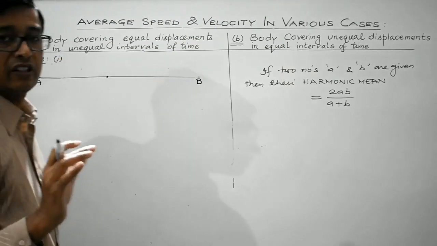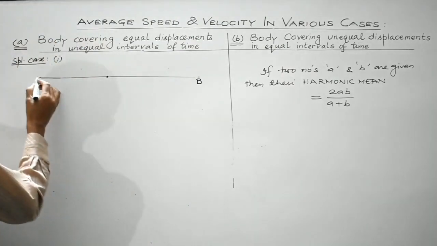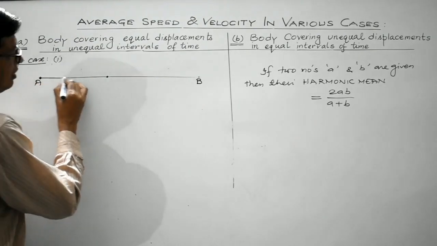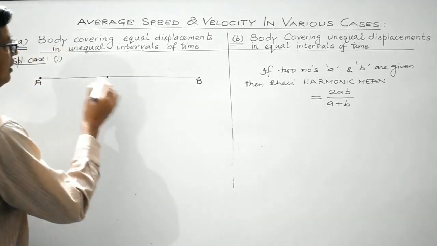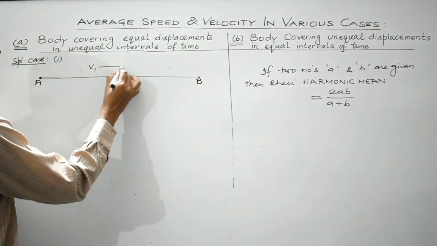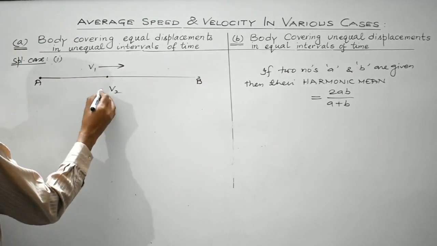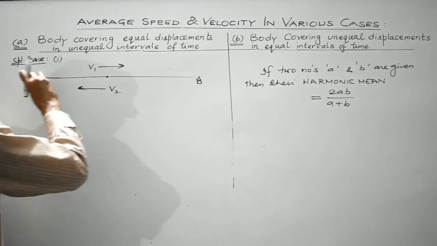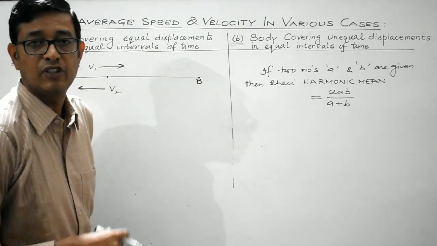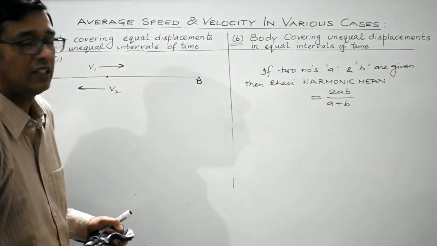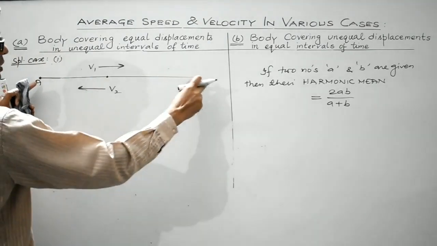So what we are considering is a body starts from point A, reaches point B, say with speed v1, and then comes back from B to point A, say with speed v2. What will be the average speed or average velocity throughout the journey? Obviously it is covering equal displacement.